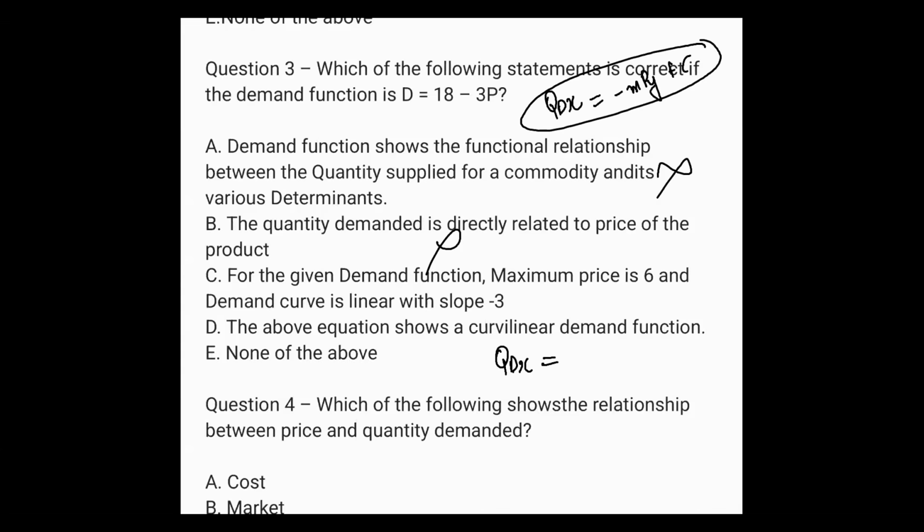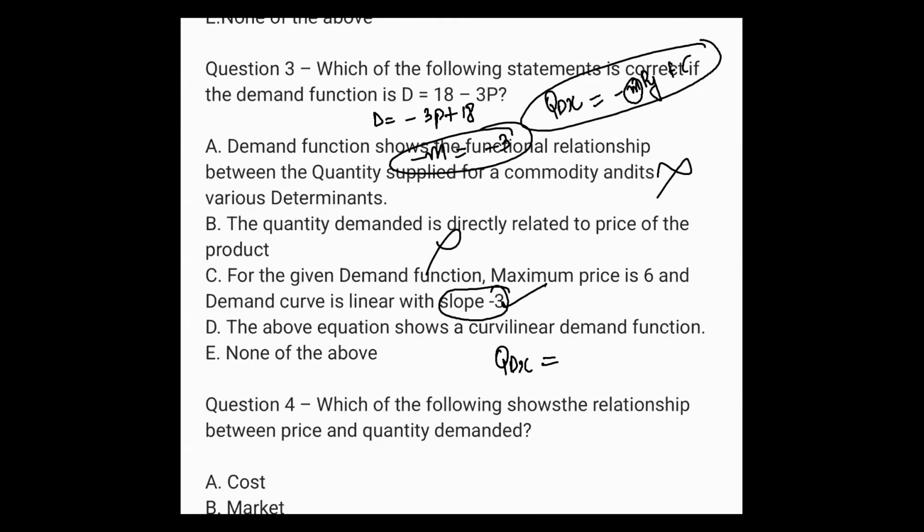If you write this equation as D equal to minus 3P plus 18, M is only the slope. So minus M equal to -3. So my value of M is -3 only. So this option is correct.